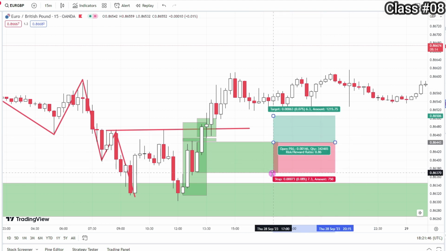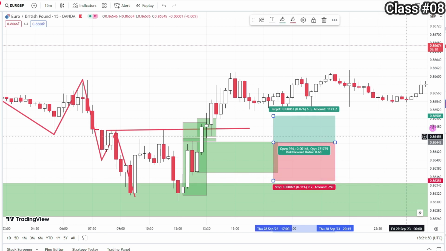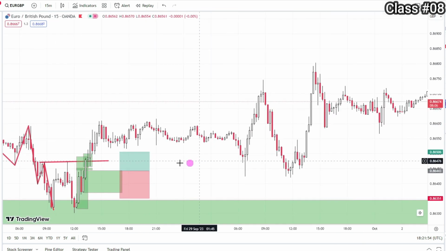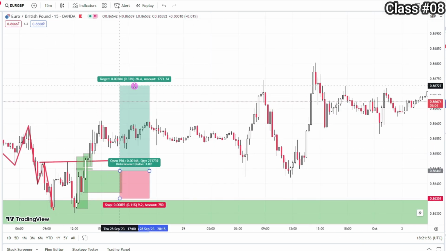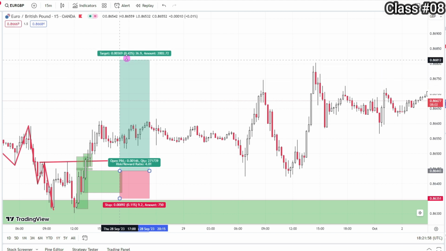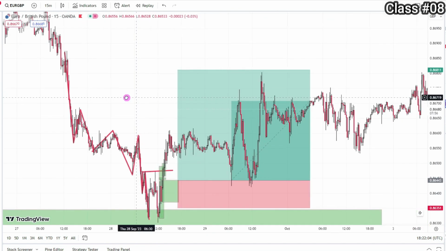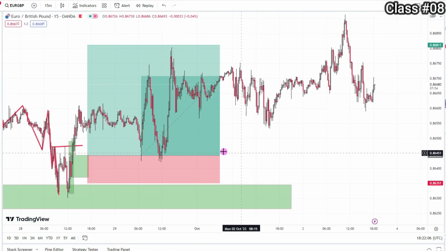We set our stop loss about 1 to 3 pips below this zone, and we'll set our take profit at 1:4 at this point. In this way we can take our buy entry.